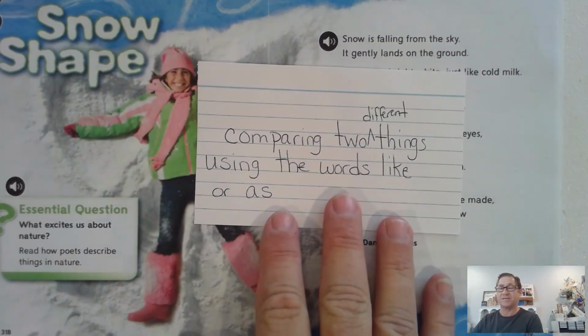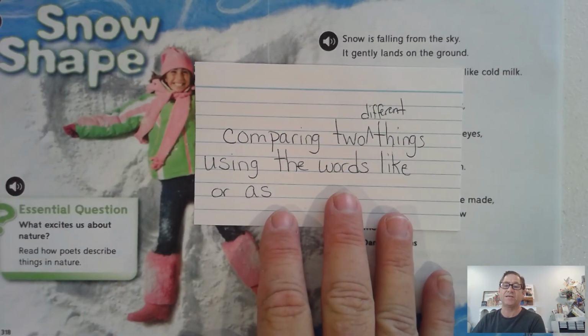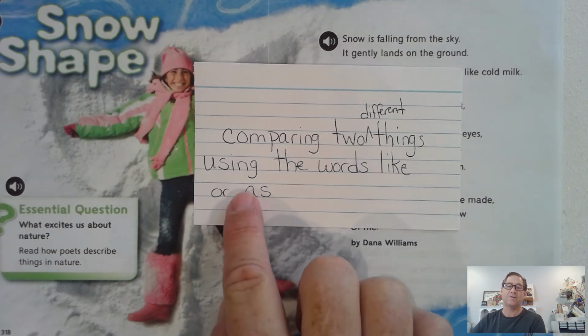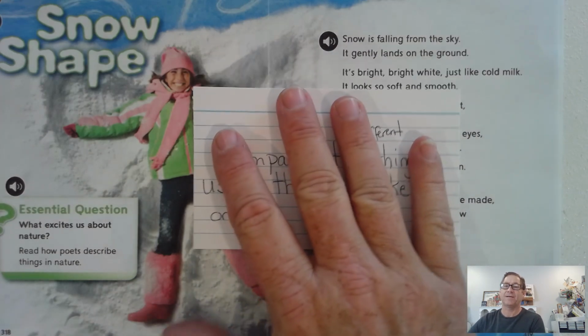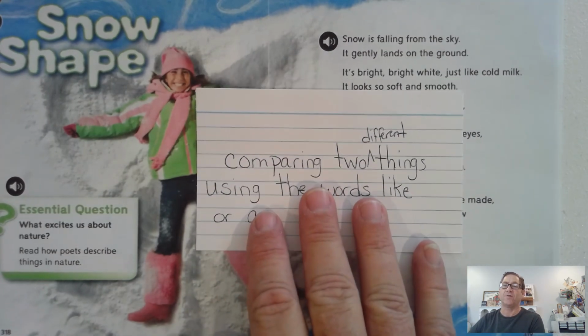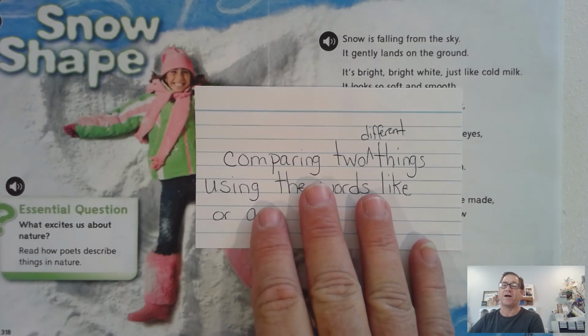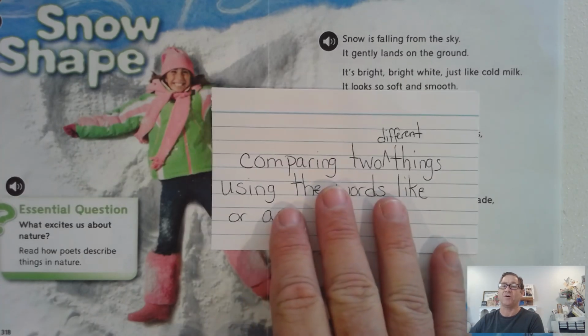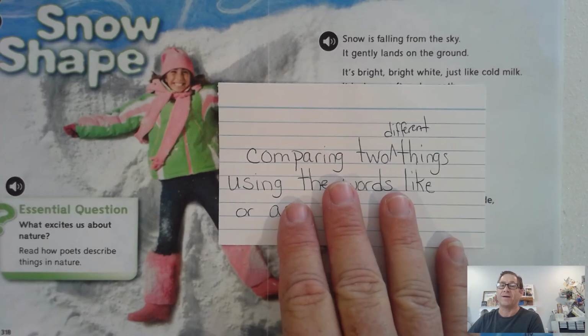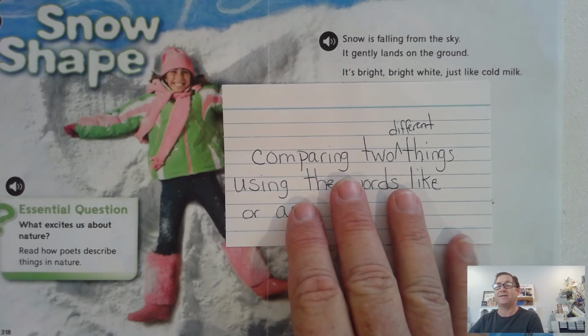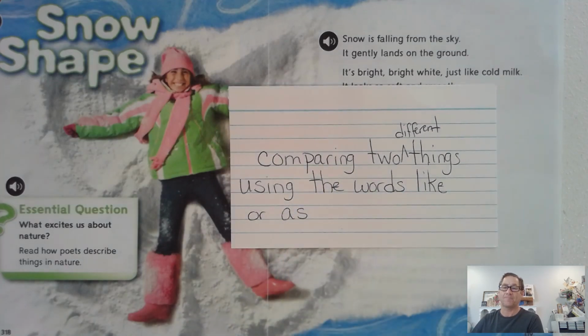So it's comparing two different things using the words like or as. So the snow is falling from the sky. It gently lands on the ground. It's bright, bright white, it being the snow. Bright, bright white, just like cold milk. Okay. So again, simile. Comparing two different things using the words like or as.